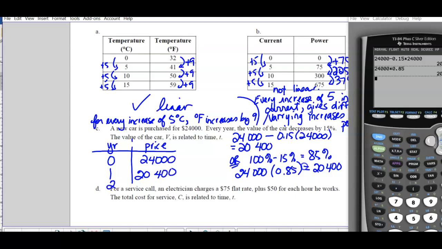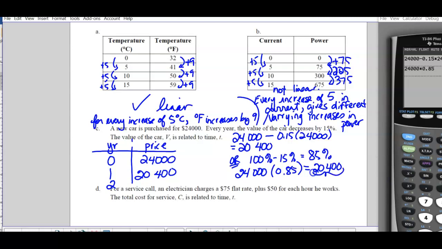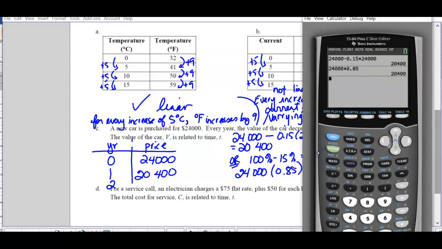After 2 years, now I have to take 85% of the 20,400. So if I take 85% of that, I get 17,340. And you can see right now that for this increase by 1 each time, this decreases by 3,600.